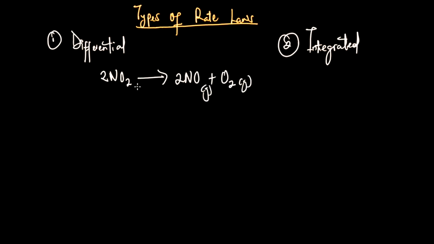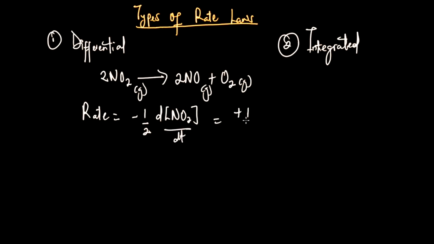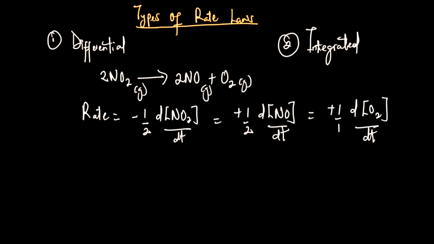To write a differential rate law for this, we can simply say that the rate equals -1/2 the change in nitrogen dioxide over change in time, equals +1/2 change in NO over change in time, equals +1/1 change in concentration of oxygen over change in time.